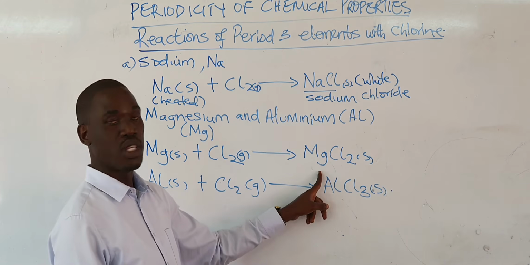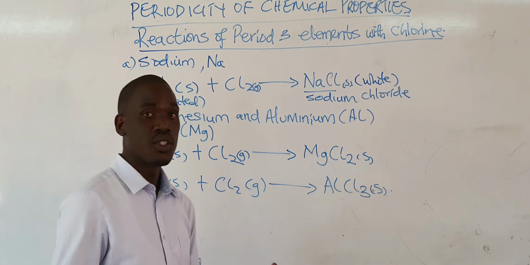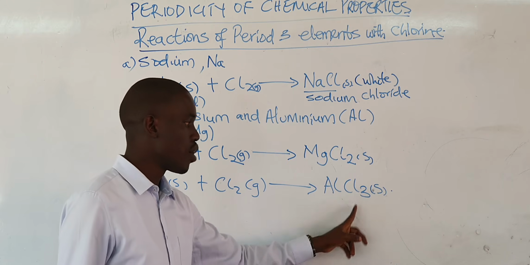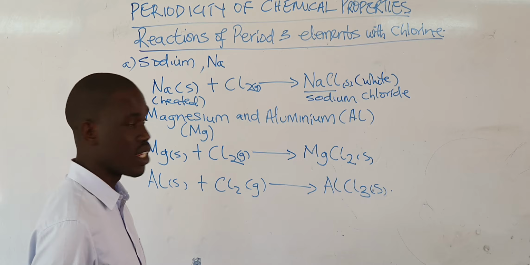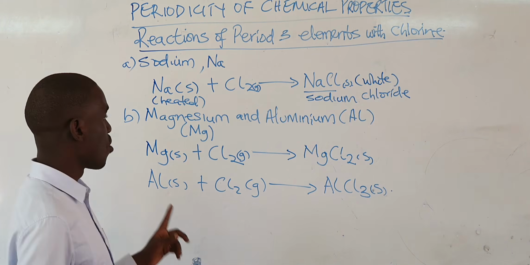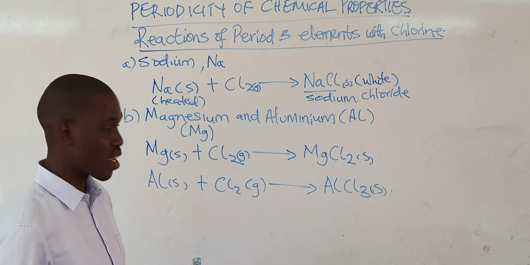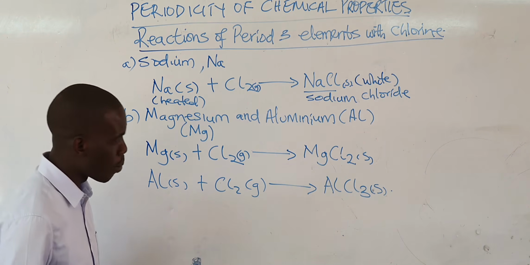The valency of magnesium is 2, chlorine is 1, and aluminium is 3. We interchange the valencies and write them as subscripts. Don't forget always to balance your equation if it is necessary. Any equation which is not balanced gets no mark.